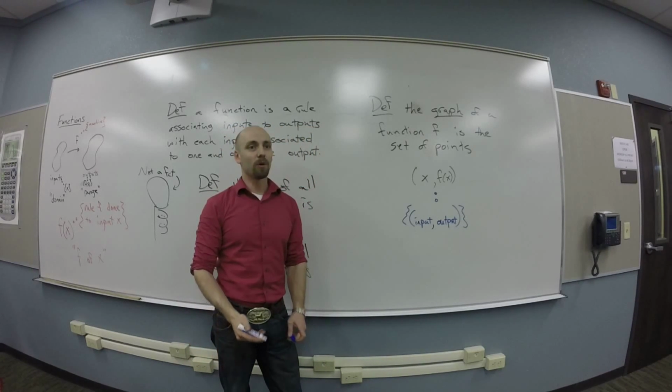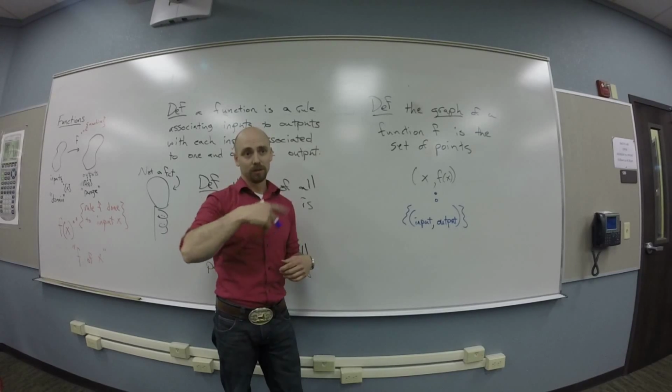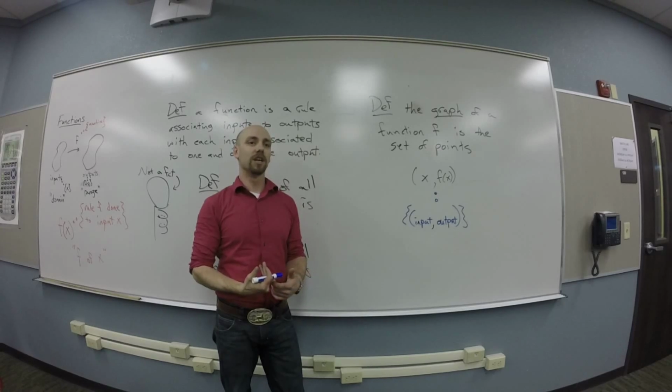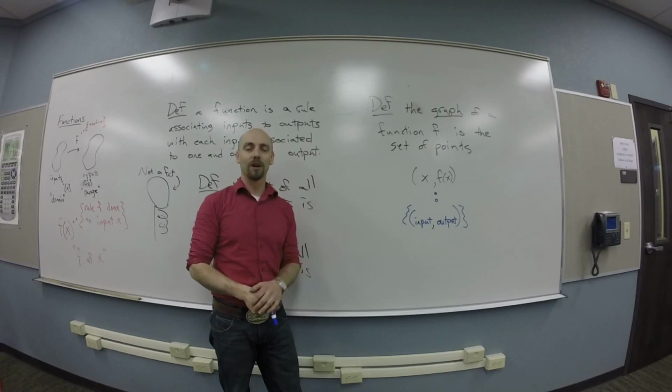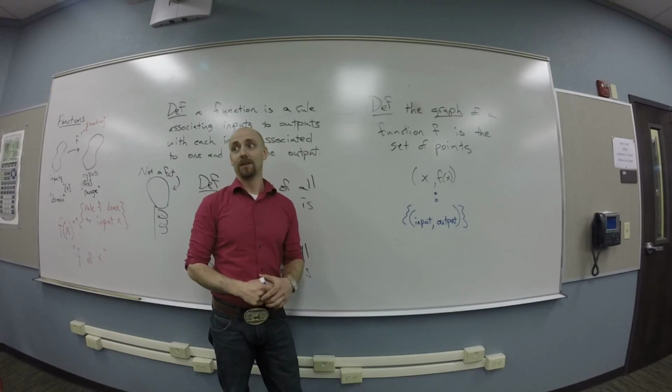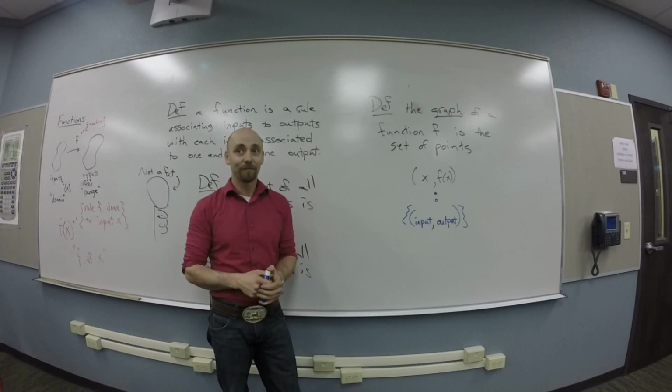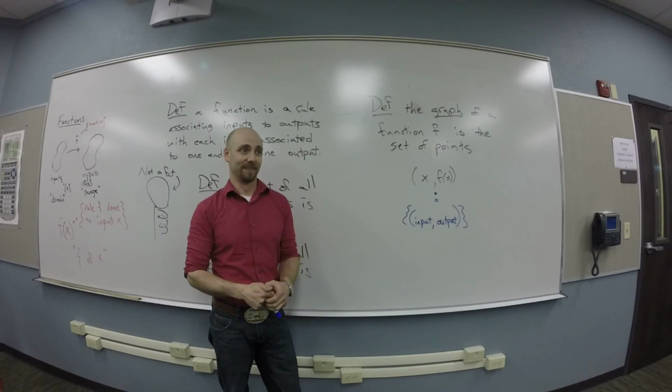If I'm not going to make one of these nasty little tables, because say I have numbers, and I can put all the numbers in, do I want to spend the time to write down all the numbers in that table? No. In fact, I can't, because there are infinitely many numbers, and I'm not going to be done.